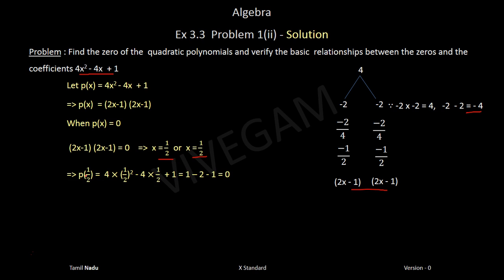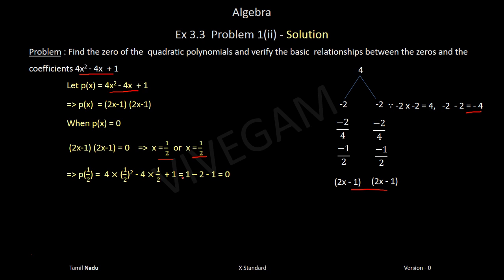So substitute. P of x is 4x squared minus 4x plus 1. So p of half means we substitute x equal to half. It will be 4 into half the whole squared, minus 4 into half, plus the constant 1.